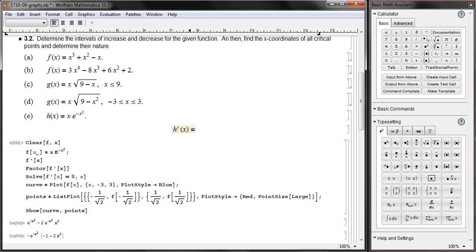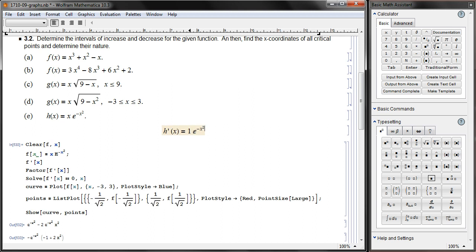Take the derivative. Derivative of the first function times the second function plus the first function times the derivative of the second function. You have to set it equal to 0.